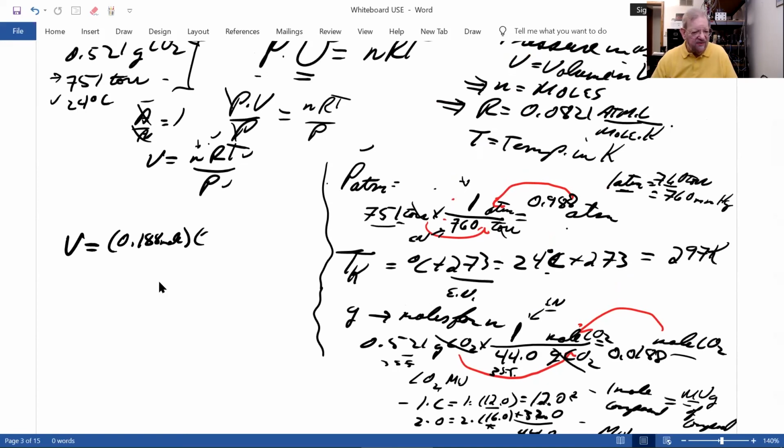What's R? 0.0821 atmospheres liter per mole Kelvin. And then T is 297 Kelvin.